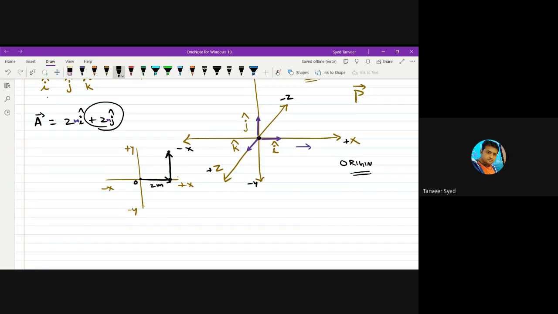You started from origin and you ended up at point A. Now, if I draw a straight line from O to A and put an arrow like this, this is your position vector. So this position vector is written like this: 2i plus 2j.